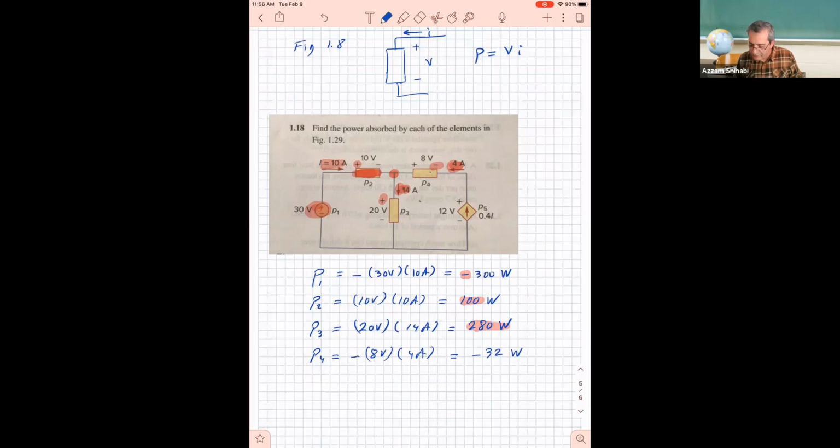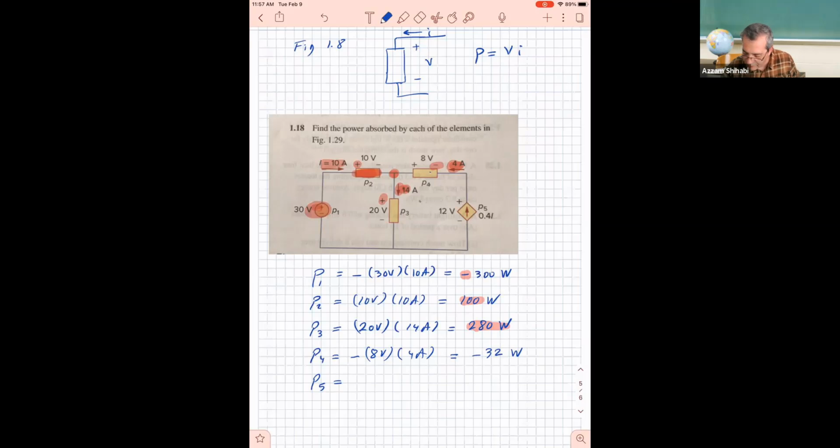And now we go to P5. Notice, yes, Rainier, go ahead. What kind of element is that? Yeah, so it looks different here because this is an element that gives you a current that depends on the current somewhere else in the circuit.